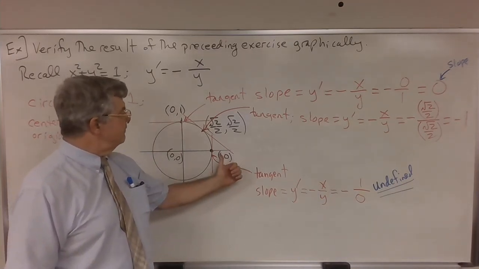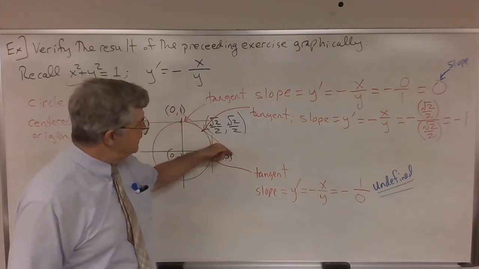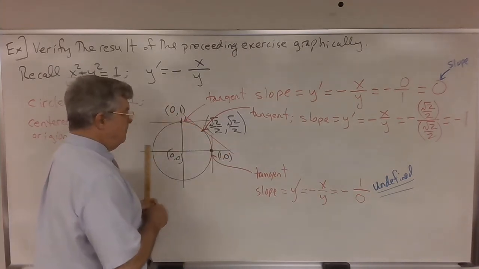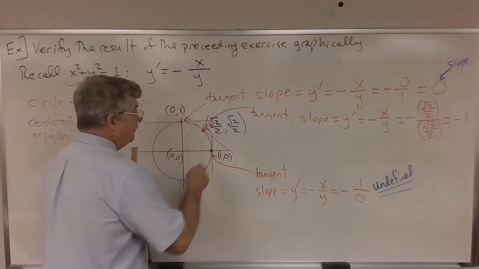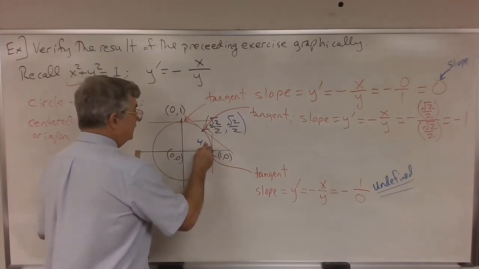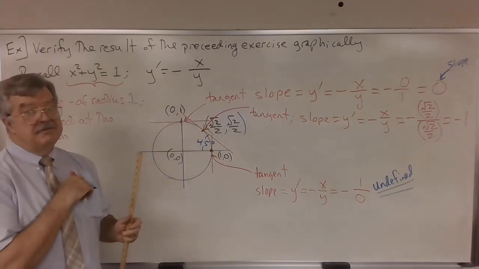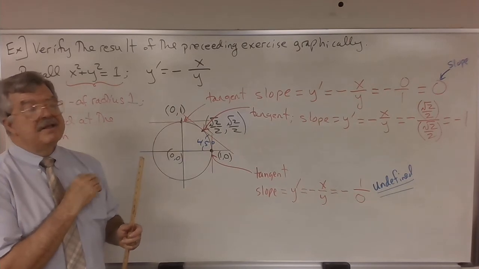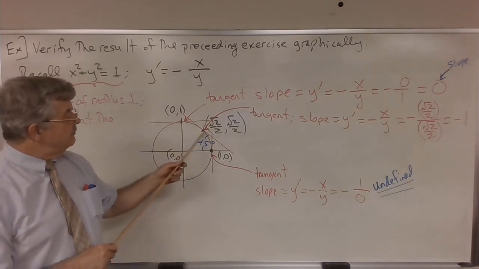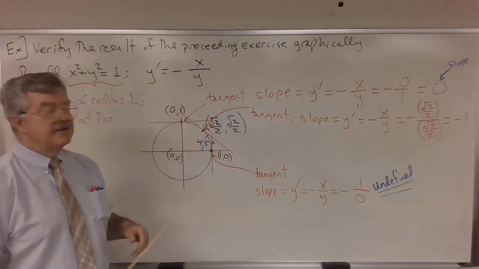It's negative, so it's going downhill. But it also makes a 45-degree angle with the x-axis. Slope of negative 1. So this tangent has a slope of negative 1.